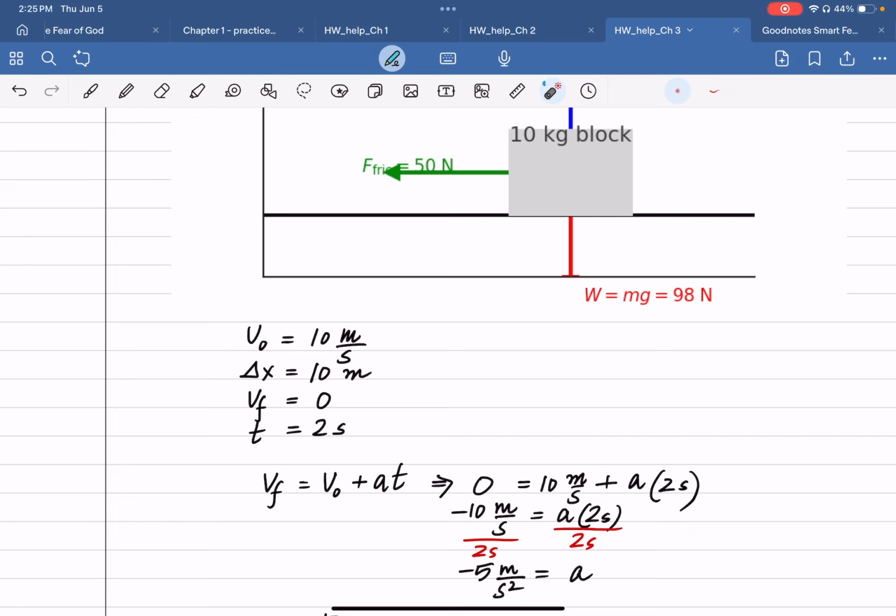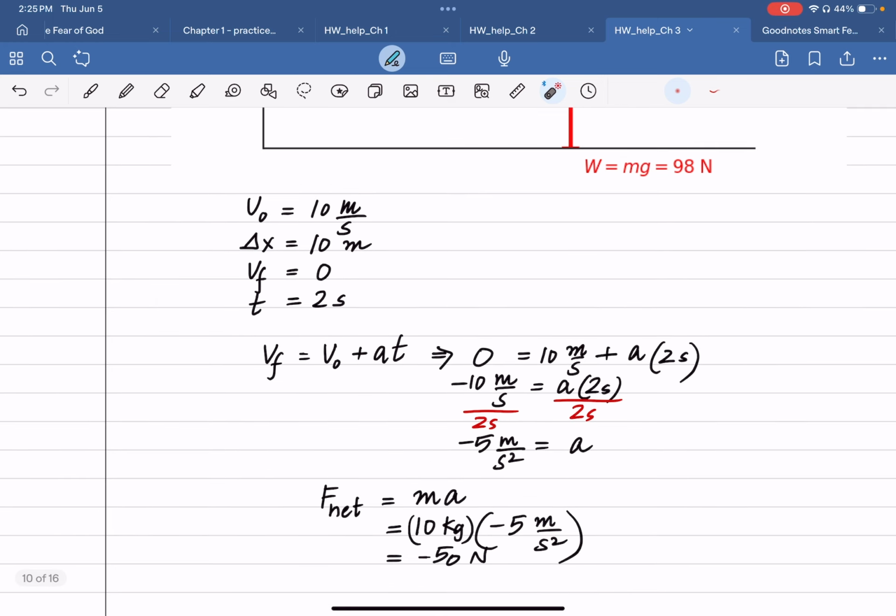Notice that you're getting negative. That's because it's slowing down. Once you get the acceleration, the net force is mass times acceleration, which is 10 times negative 5, which gives you negative 50 newtons. Now I know the unit is going to be kilogram meter per second squared, but kilogram meter per second squared is the same as Newton. That's why I have that written there.